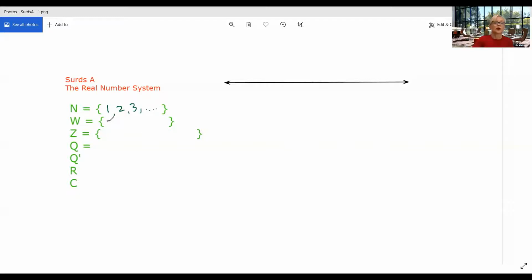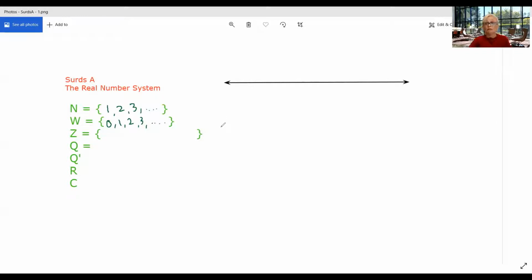Now, the set of whole numbers consists of all of our natural numbers plus 0. This is set notation here, these curly brackets, and the members of the set are divided by commas, and obviously they go on forever with these particular cases here.